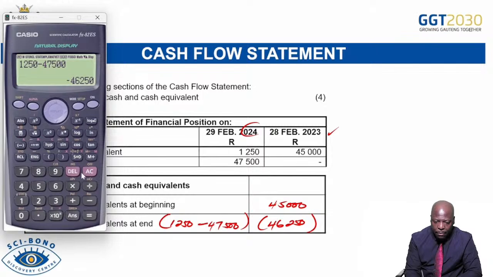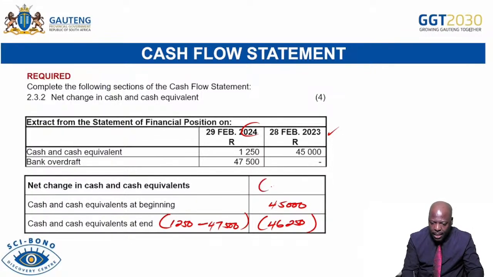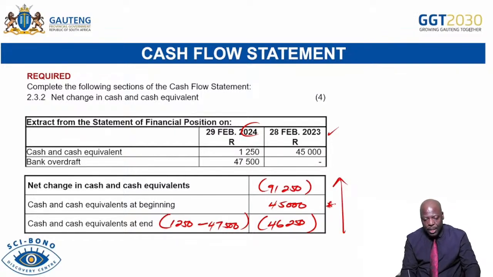So I'm going to say a negative 46,250 because I'm going up. I'm going to do the opposite. So I'm going to say minus 45,000. And that's going to give me a negative 91,250, because I'm going up. Once I go up, I do the opposite of the second amount over there. Okay, that is the next one.